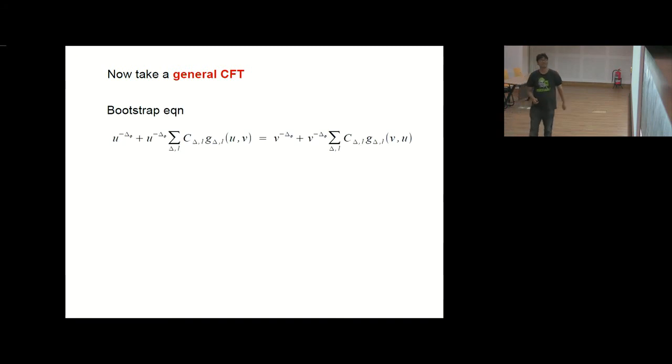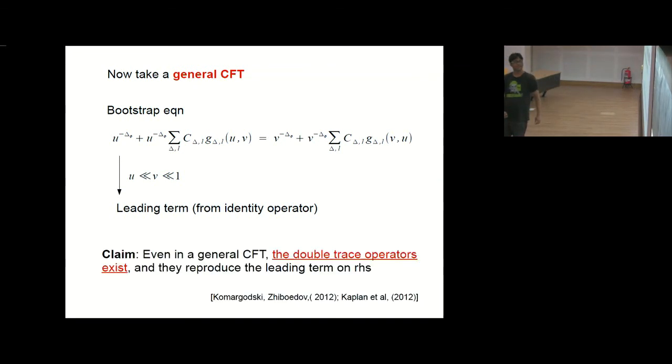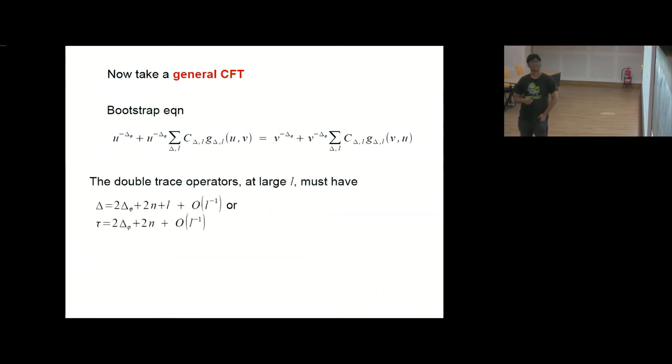Now take a general CFT. So I have written the Bootstrap equation. This is the S channel, this is the T channel. And I have again taken the Lightcone limit, and once again I have the first term, the identity operator, as the leading term. And the claim is, even in a general CFT, double trace operators should exist, and they are going to reproduce the leading term u to the power minus delta phi on the right-hand side.